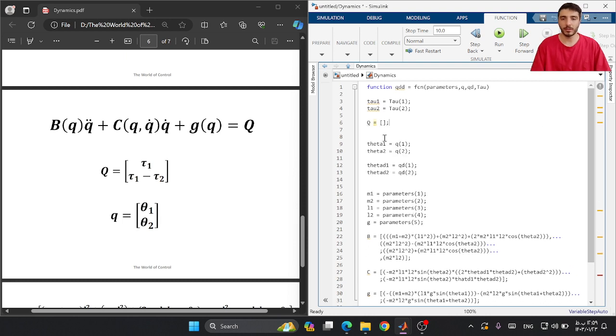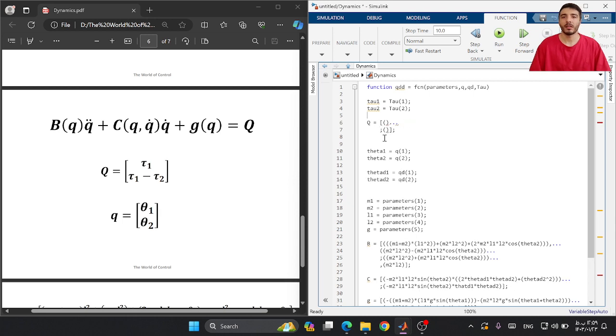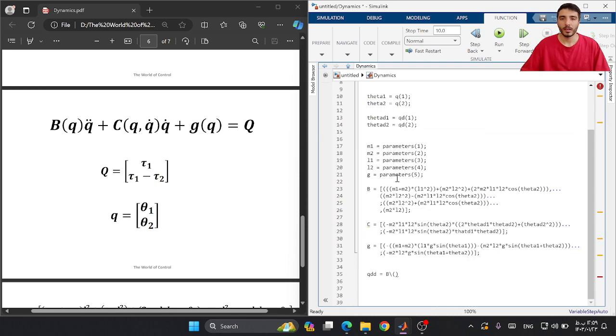Q is a vector: the first one is tau 1, and the second one is tau 1 minus tau 2. So here we can write Q minus something and minus G.